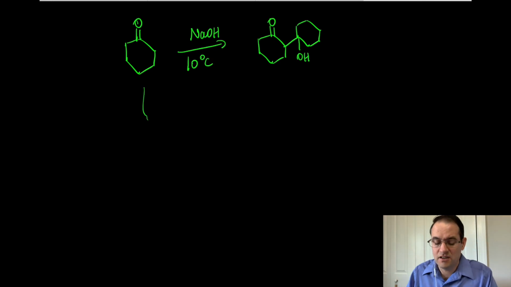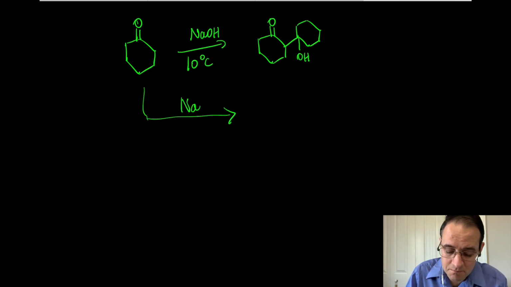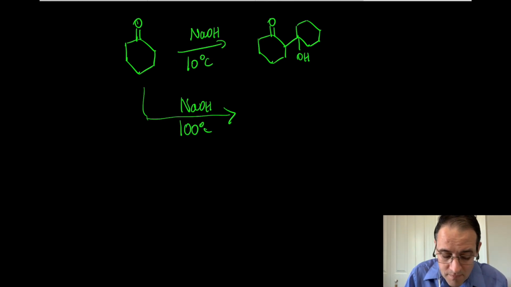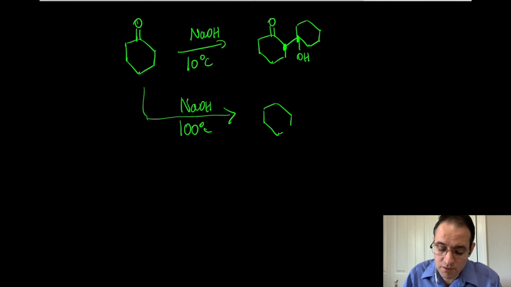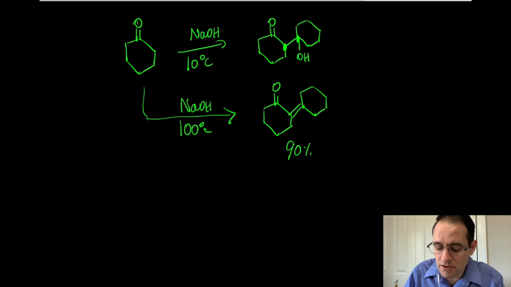But if you do this reaction at 100 degrees Celsius, which is heat, that's boiling water, right? You're going to get elimination of H2O across those two carbons, and it's going to give you this product here, and the yield found there is typically 90%.